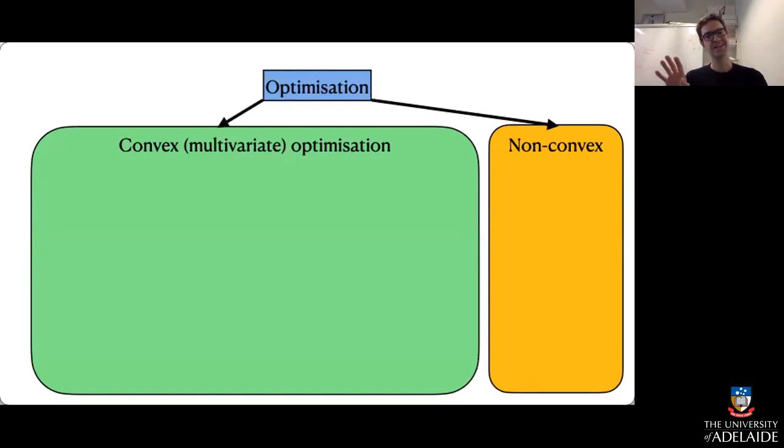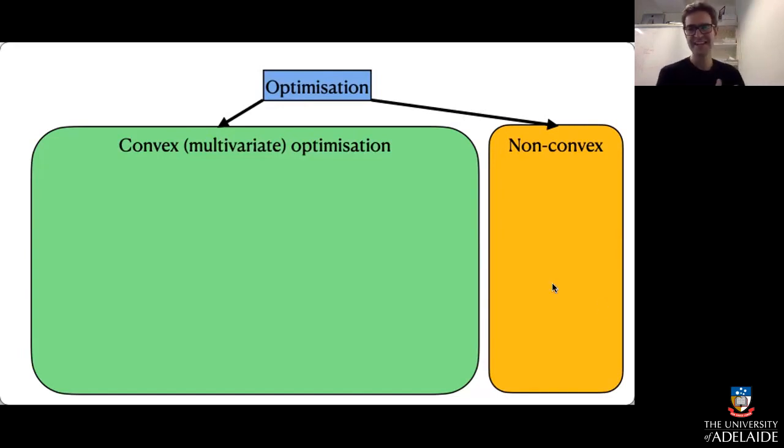Of course, much more of the world is non-convex than is convex optimization. So really the yellow box there should be much larger than the green box. But this is the proportion of time that we spent on each of these topics in the course.